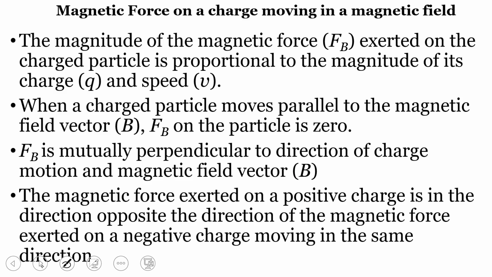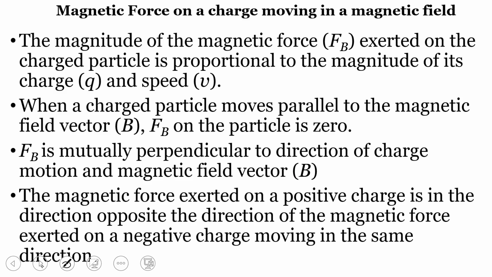If another charged particle having opposite charge, let's assume the first particle is positive and the second one is negative, travels through the same magnetic field in the same direction with the same velocity, the directions of the magnetic force that they will experience will be opposite, all because the nature of their charge is opposite. So the nature of the charge also determines the direction of the magnetic force.